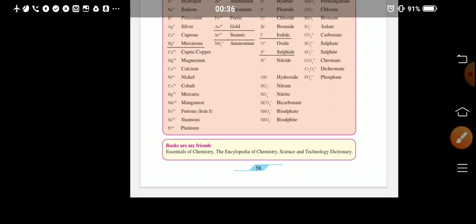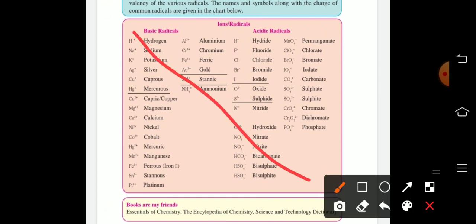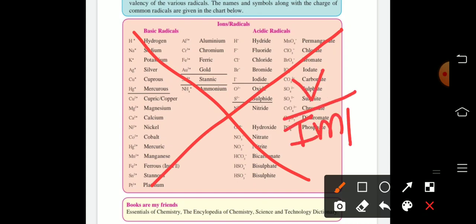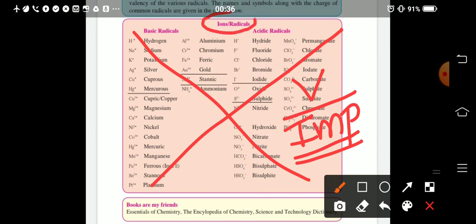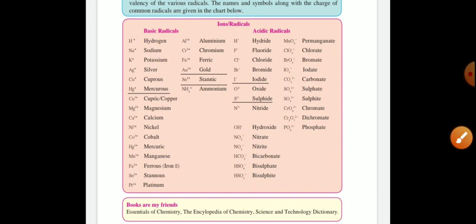Actually this part is omitted from our syllabus, but this table is very important for our exam point of view in 9th as well as 10th. Clear all of you? This radical table is omitted, but it is a basic part of how to write formulas and know the valencies of different radicals. For that purpose this table is very important, so we revise this table.